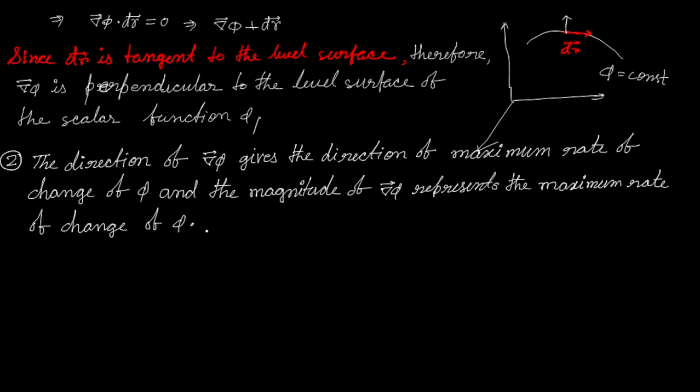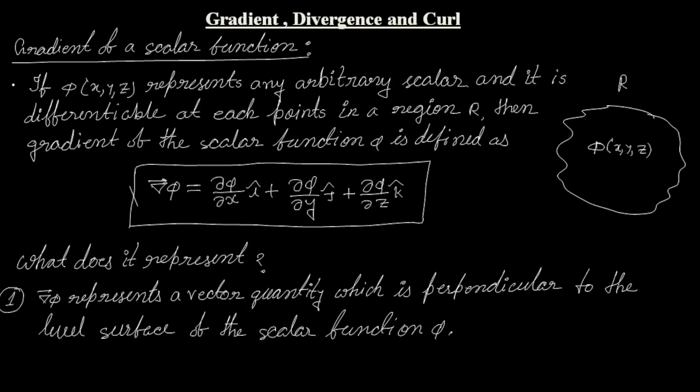This is the second physical interpretation of grad phi. First interpretation: if we take the gradient of a scalar function on the level surface of any arbitrary scalar function, it will give us a vector quantity that will always be perpendicular to the level surface.